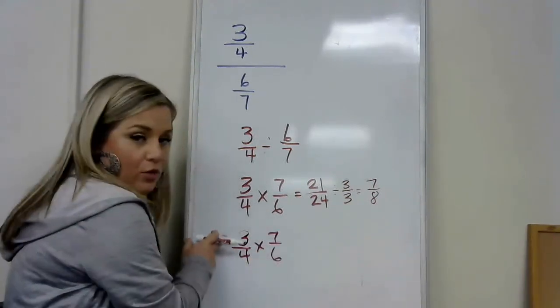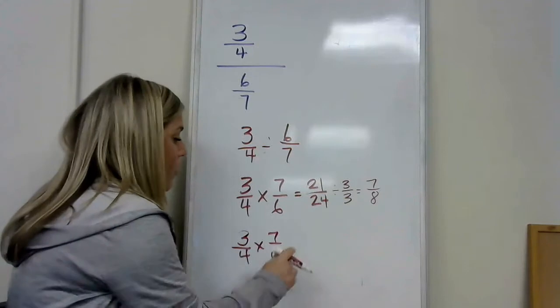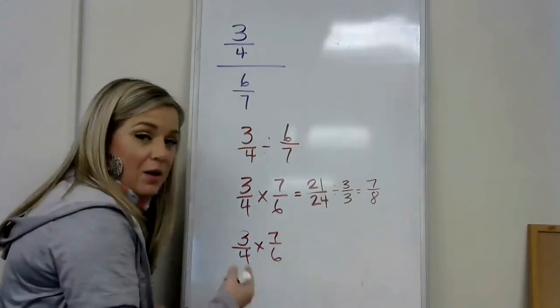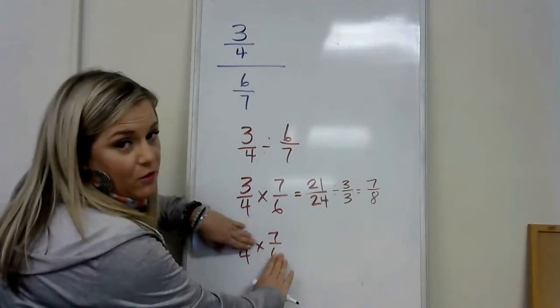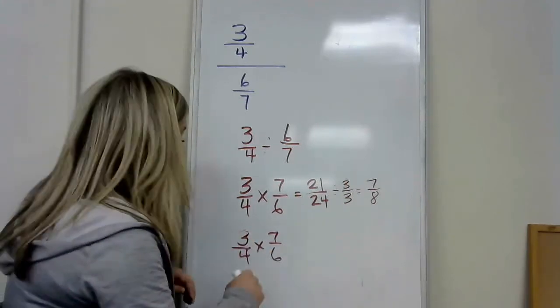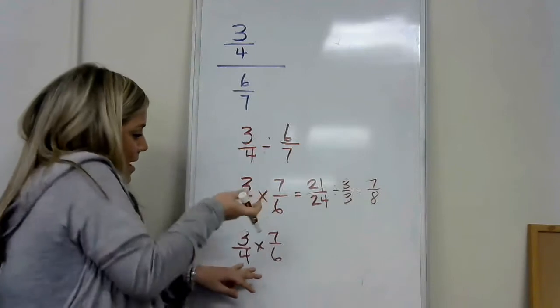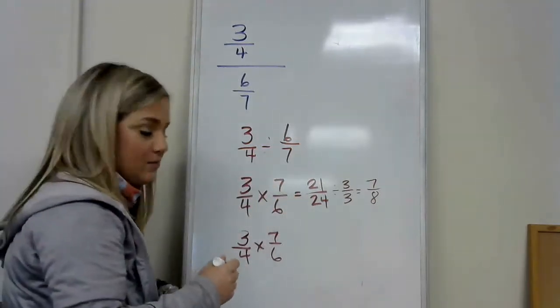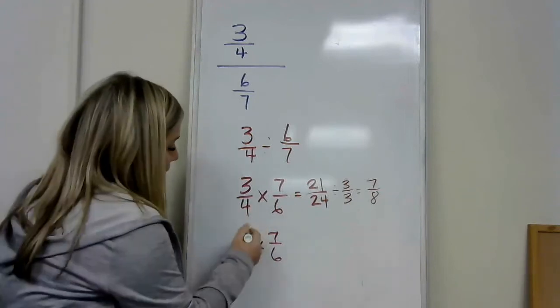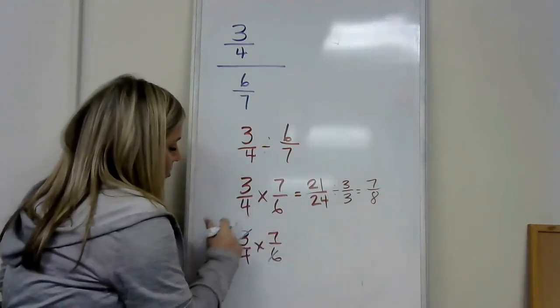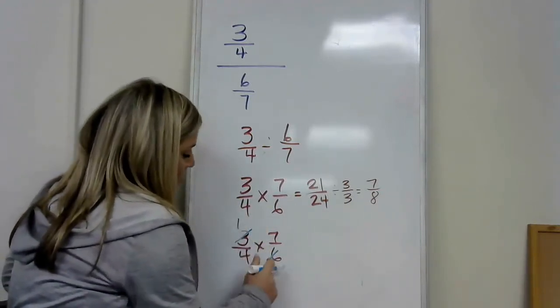If I ask, can 3/4 get smaller? No. Can 7/6 get smaller? No. Can 7/4, if I looked at it like that, reduce? No. But if I look at it like this, 3/6 can. I can divide 3 into both of these. 3 divided by 3 is 1, and 6 divided by 3 is 2.